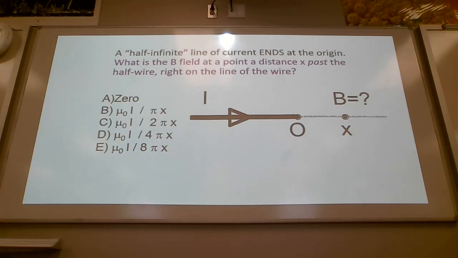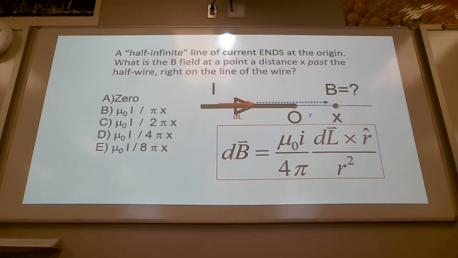It's going parallel. Okay. Good with that? Sure.